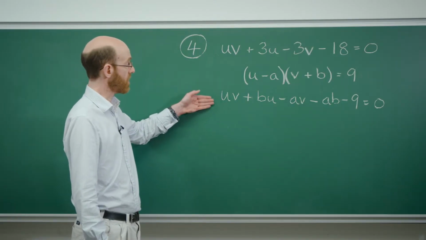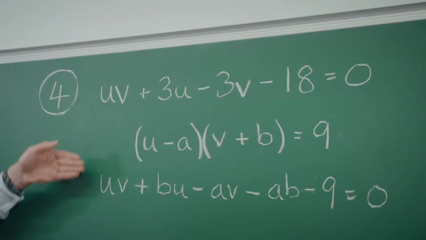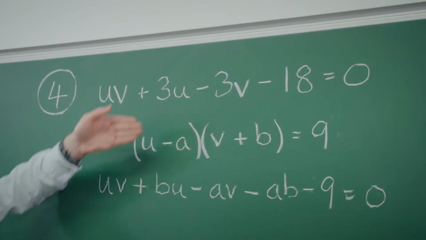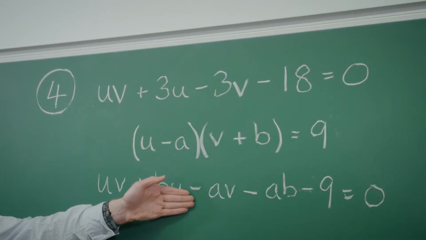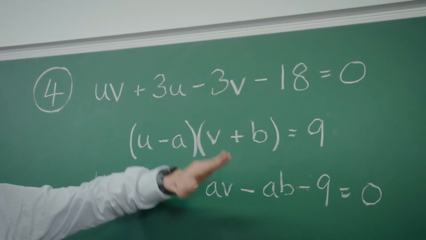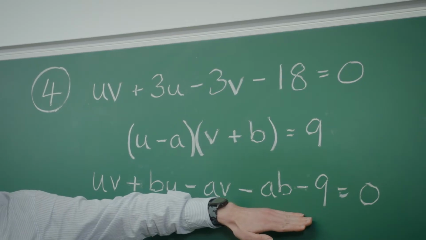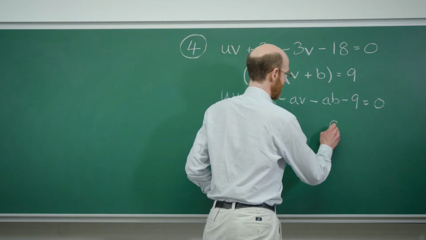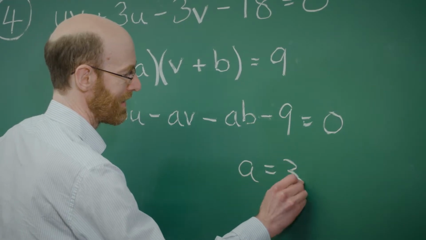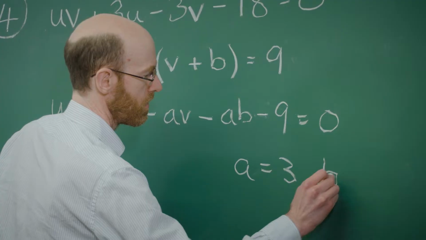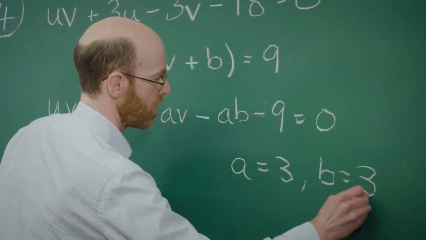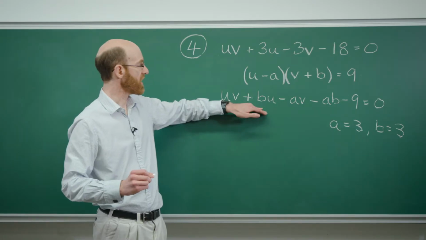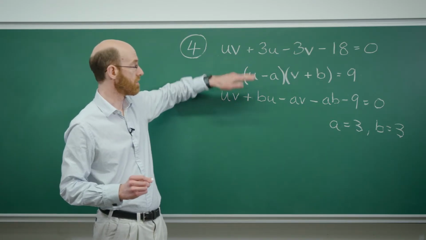Comparing these lines term by term, we can see uv is uv, plus 3u is plus bu, minus 3v is minus av, minus 18 is equivalent to that if a and b equal 3. And we can see that when we have those values, these two lines are indeed equivalent.